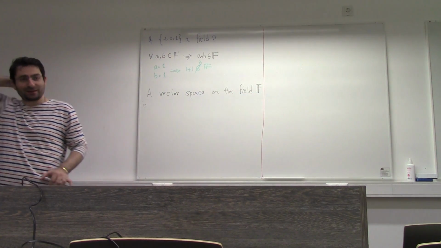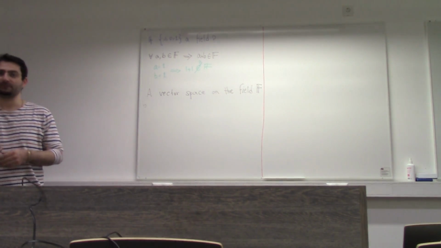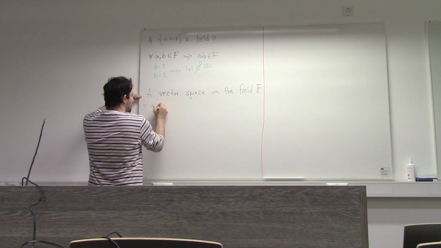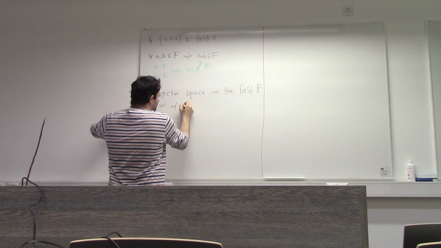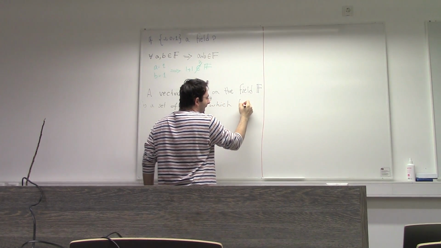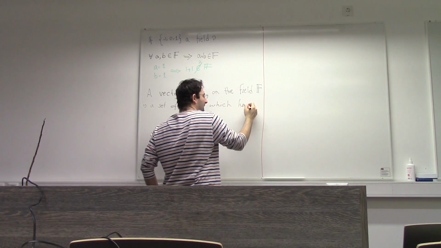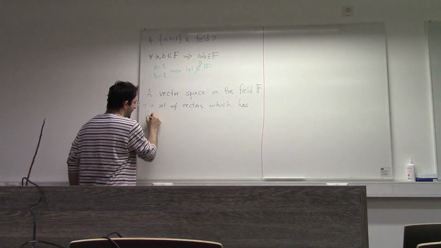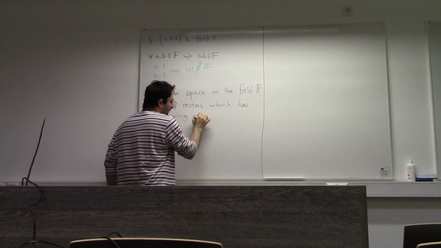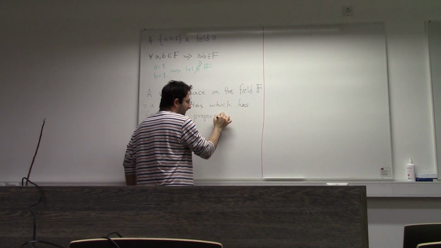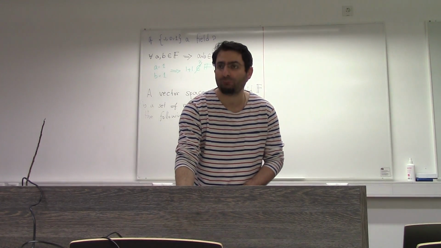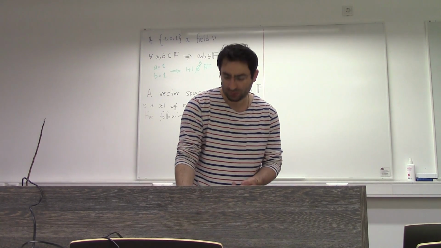So what do you expect the vector space to be? A set of vectors which has the following properties, and these properties are on the addition and multiplication, as we were expecting to see.